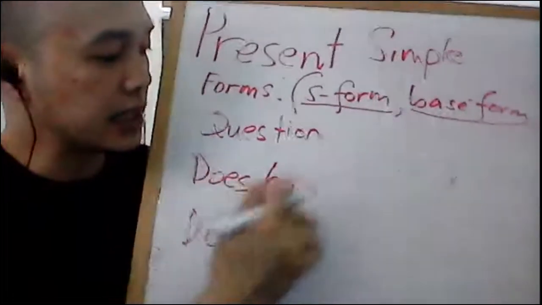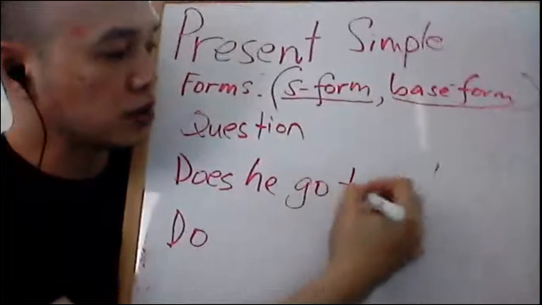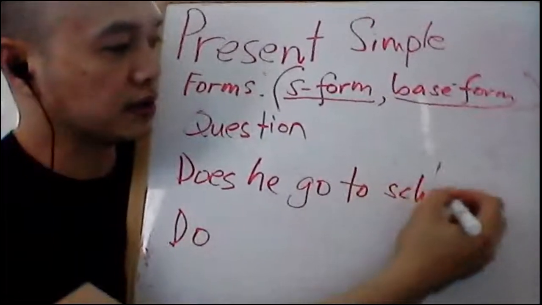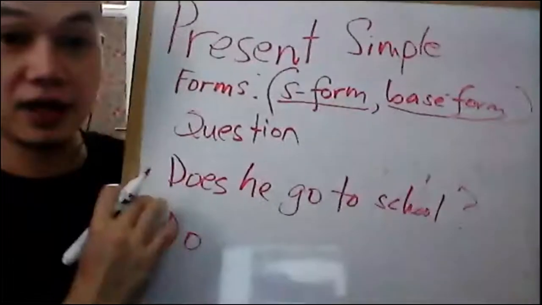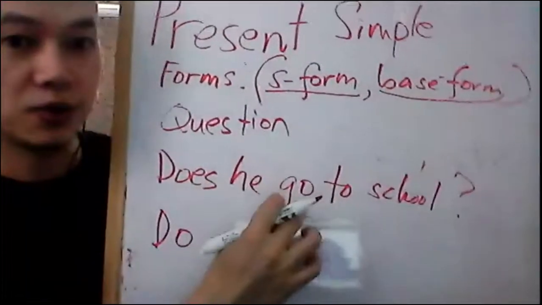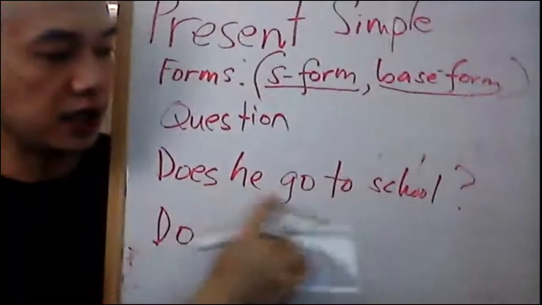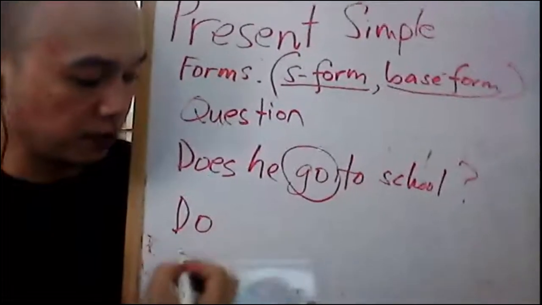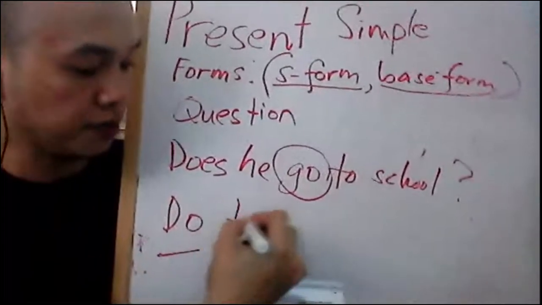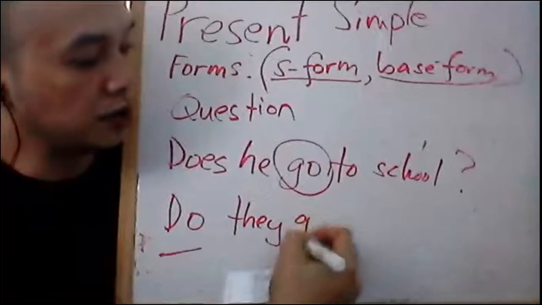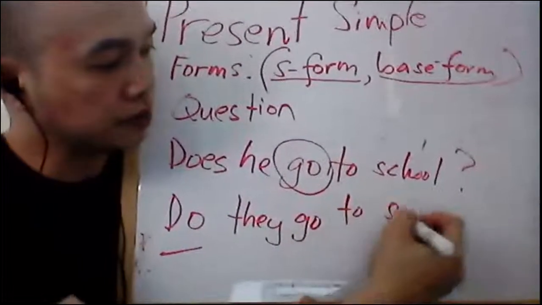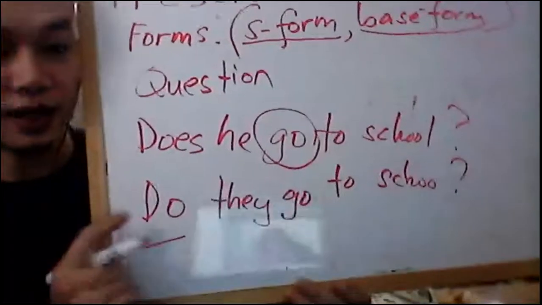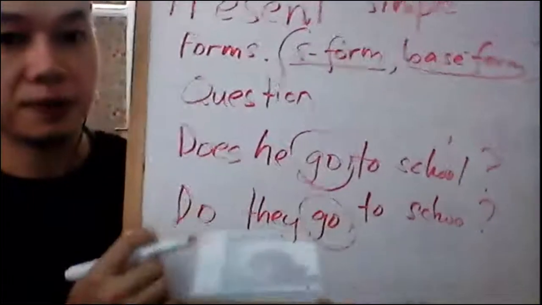Example, does he go to school? Question mark. Okay, so does he go? Does, subject, and then base form of the verb. Now if your subject is plural, of course, you're going to use do. So example, do they go to school? Okay, like this, Kristel. Do they go to school? Always you have the base form of the verb.